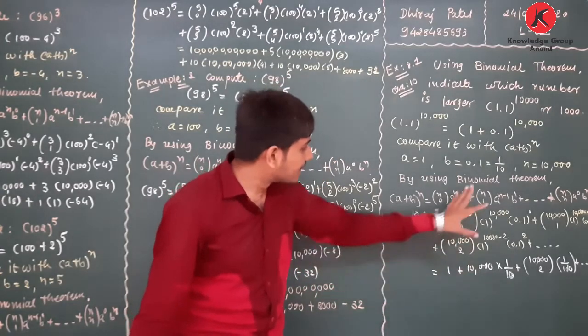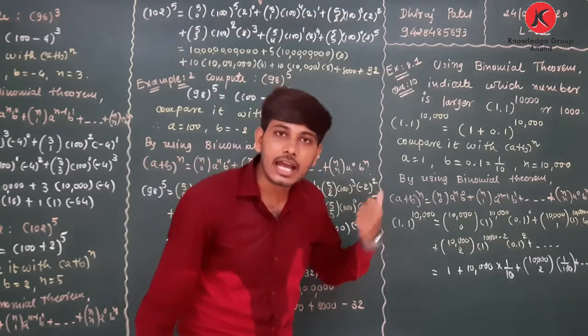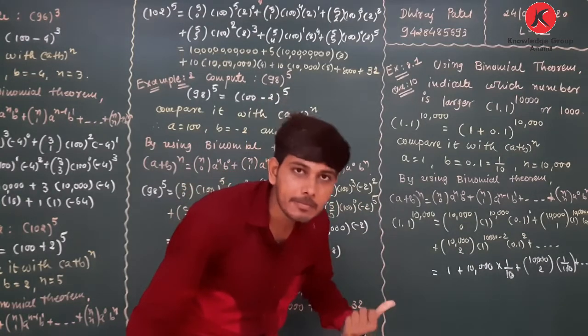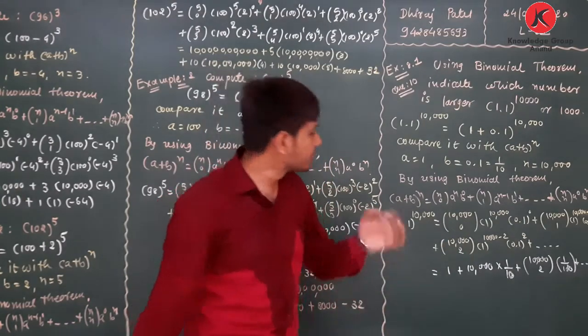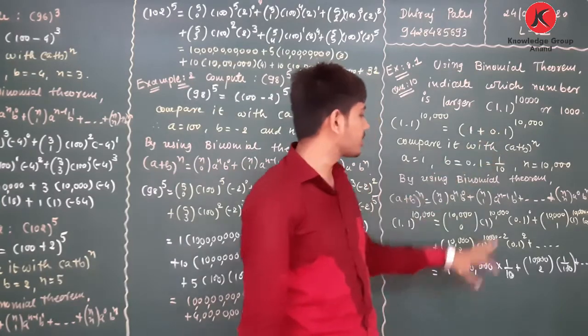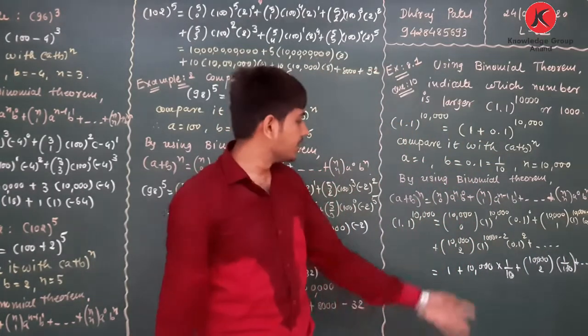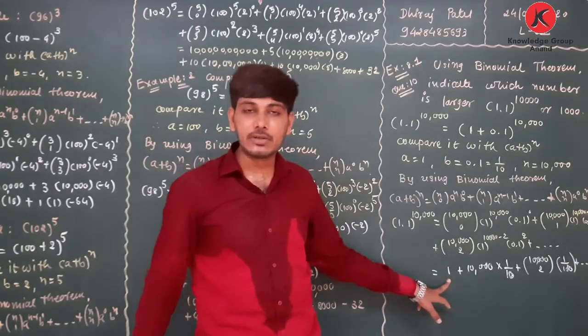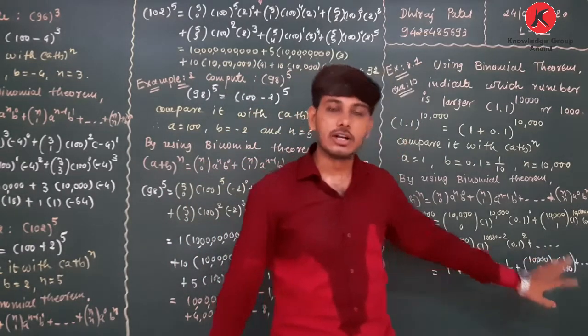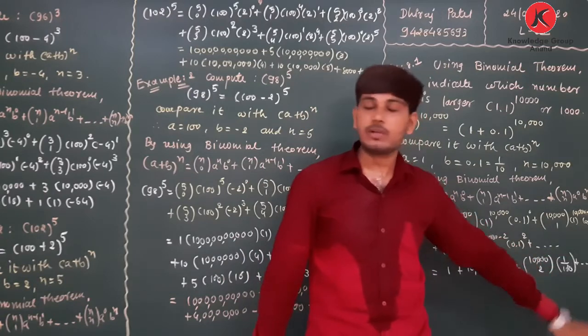Is there any negative sign? इसमें कोई नेगेटिव साइन है? नहीं है. अगर इसमें कोई नेगेटिव साइन नहीं है तो यहाँ किसी भी टर्म में माइनस टर्म नहीं आएगी, therefore here the first term will be positive, second will be positive, third will be positive, fourth term will be positive.